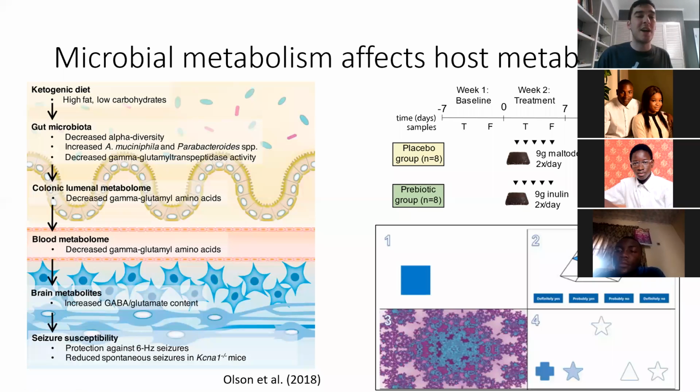And after this study, we're trying to look at metabolites in the stool, in the saliva, in the blood, to try to understand if we do see changes, what changes in host metabolism are leading to these super high level things like cognition. I don't have the results yet from that. Maybe in a year or so, but that is a study I'm excited about.